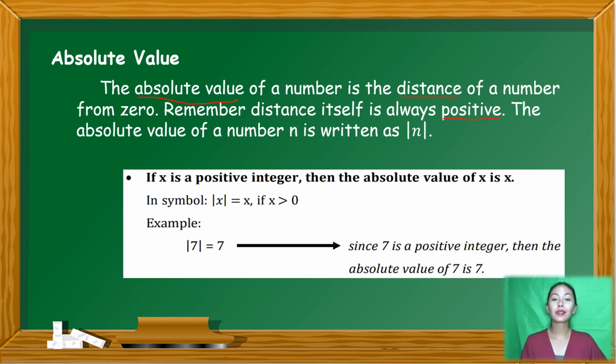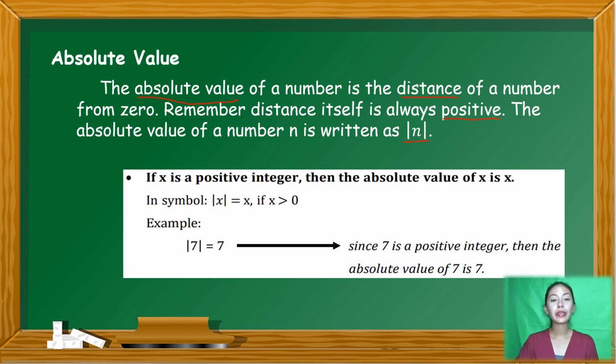The absolute value of a number n is written with this symbol: two parallel lines around n.